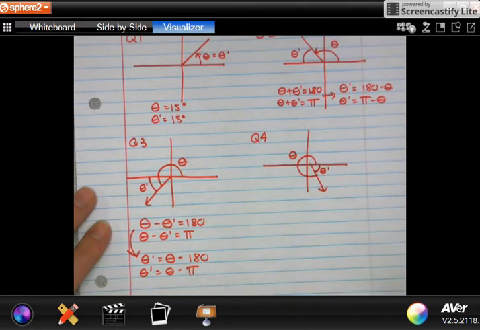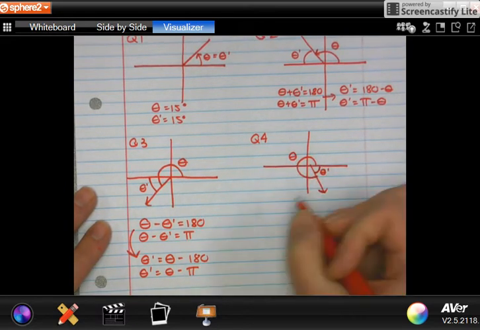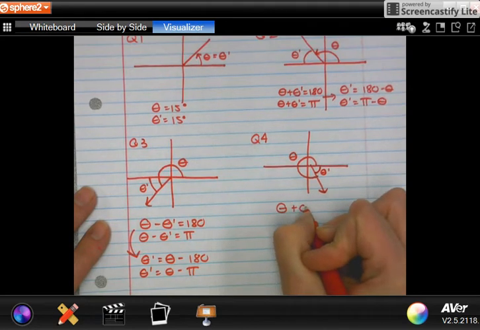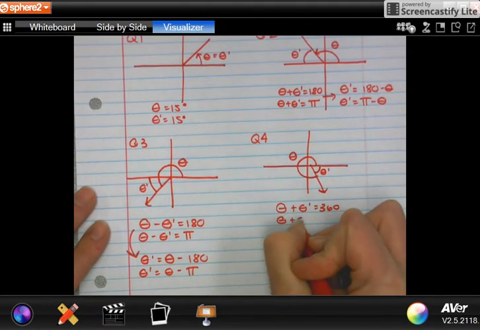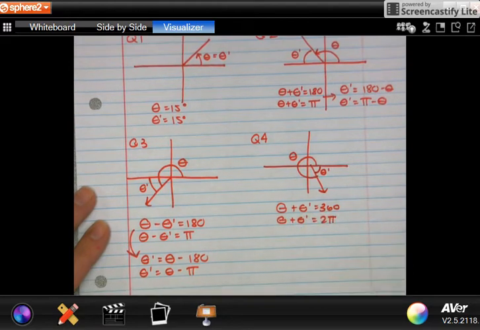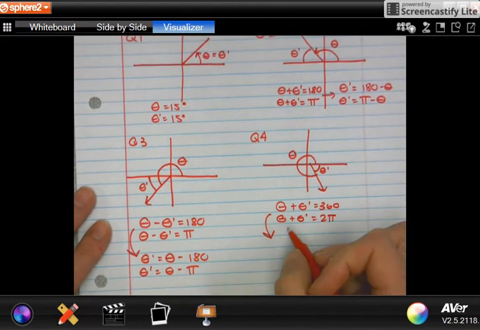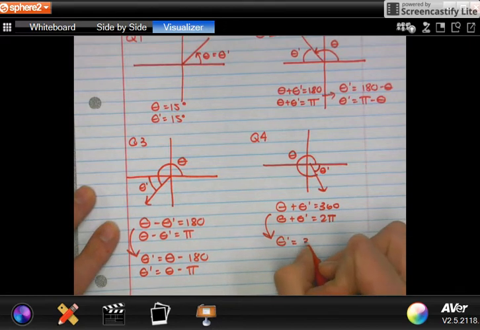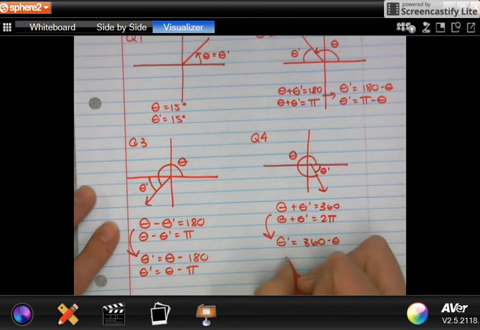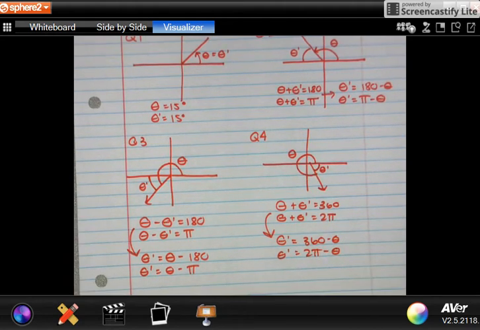Just looking at the picture, I can see that theta plus its reference angle should be equal to 360, or if we're in radians, 2 pi. So again, I can use those formulas to isolate the reference angle. The reference angle is 360 minus theta or 2 pi minus theta, depending on if you're in degrees or radians.